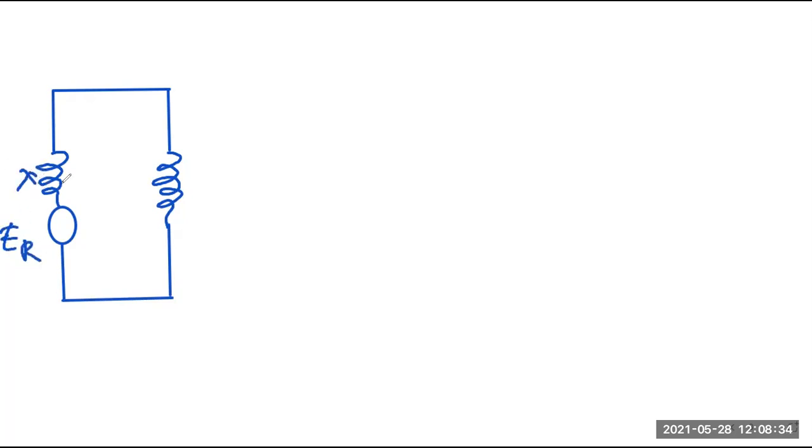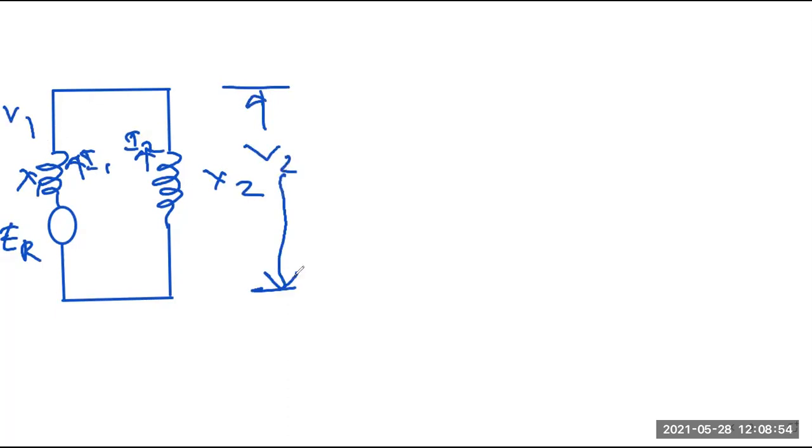This is your X1. This is your X2. This is your I1, and this is your I2. This will be your V1, that means the total voltage. This is V1 and this is your V2. Similarly, this V1 is from here up to this point. Now we are going to calculate V0, V1 and V2.